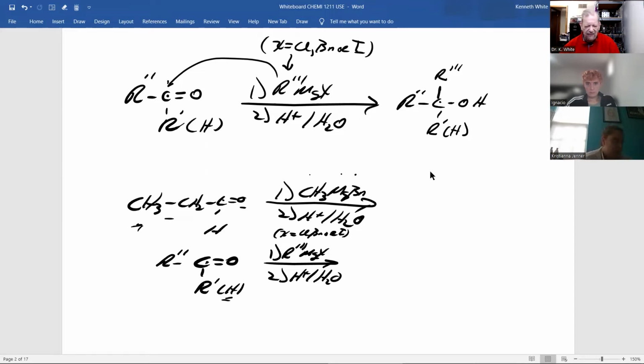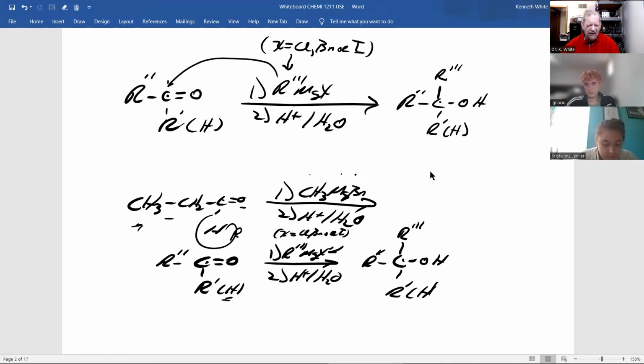Keep your eye on the carbonyl carbon. What's attached to it? R prime or hydrogen. R double prime is still attached. And because we have a Grignard right here, we're going to form that something special: a carbon-carbon single bond, and this opens it up to an alcohol. So here's my R prime, R double prime, and R triple prime.